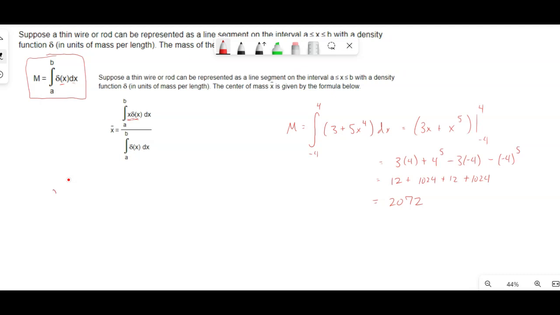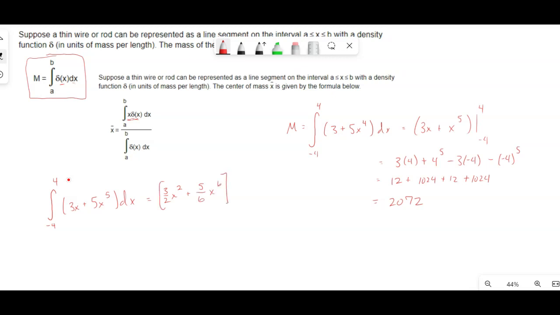So I will integrate now from -4 to 4. I go up 1. So again, 3x plus 5x to the fifth dx. Now when I integrate this, I'll get 3x squared over 2, so 3 halves x squared plus, this will be x to the 6 over 6, so 5 sixths x to the 6th.